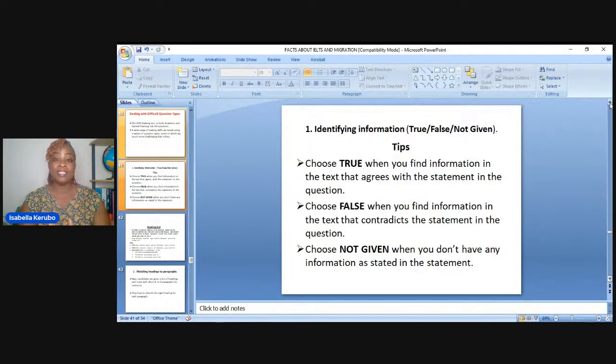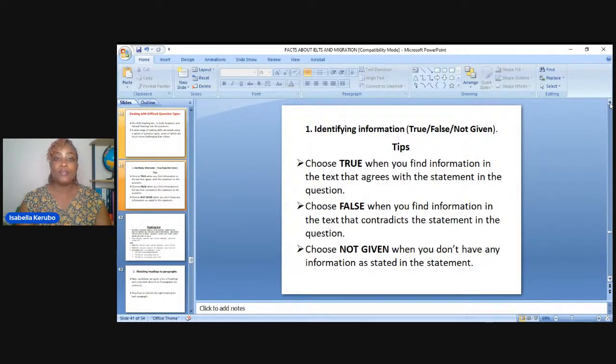So you are required to either write true, false, not given, or agree, disagree, or not given. If the statement in the question agrees with the information in the text that you've just read or are reading, then this is when you choose true as your answer.